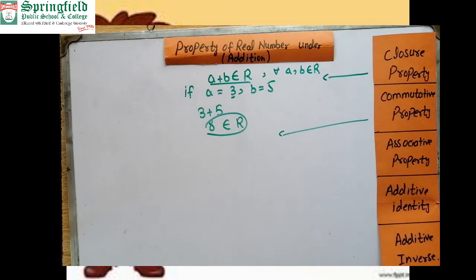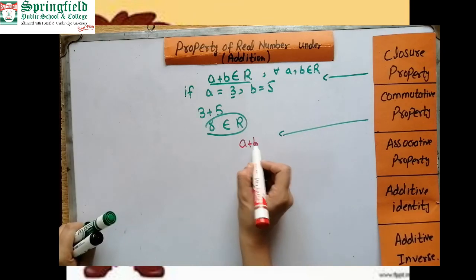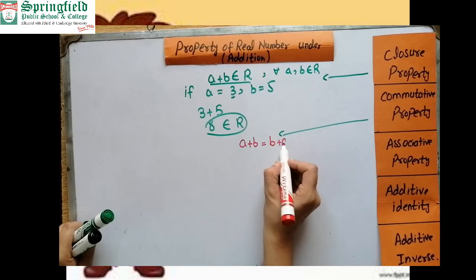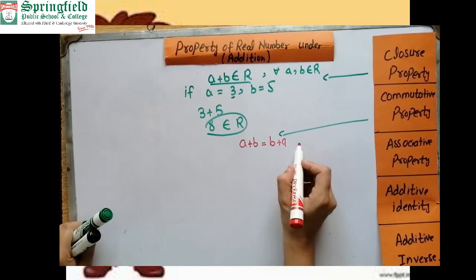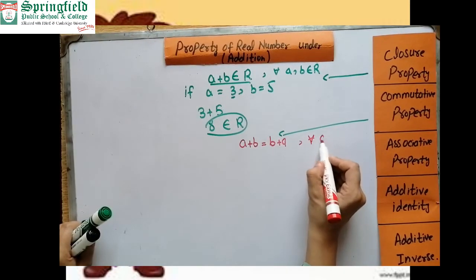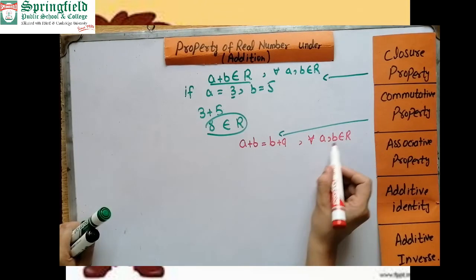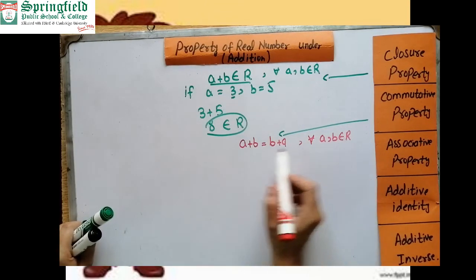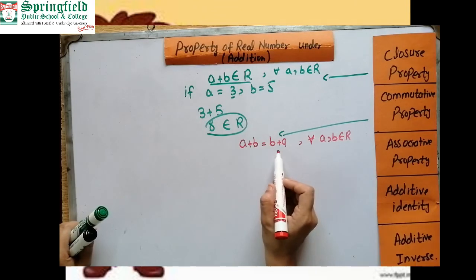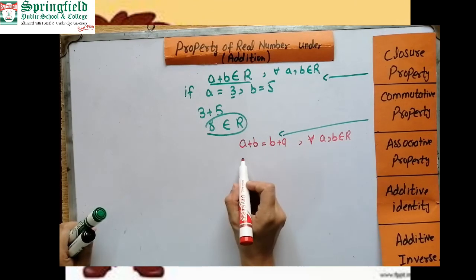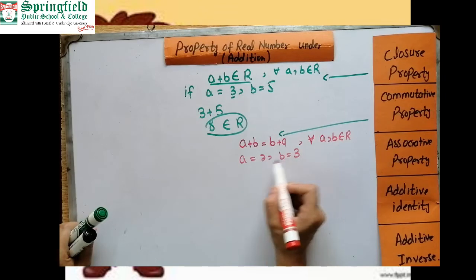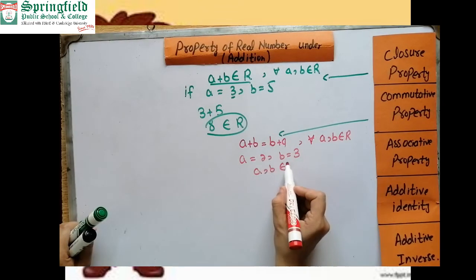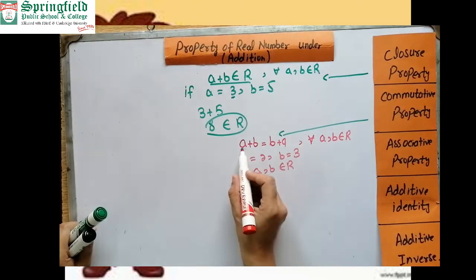The second property is the commutative property. The commutative property means that A plus B must be equal to B plus A, when A and B belong to real numbers. When both the numbers are real, then A plus B must be equal to B plus A. We can prove it: let A be equal to 2 and B equal to 3, both belonging to real numbers.